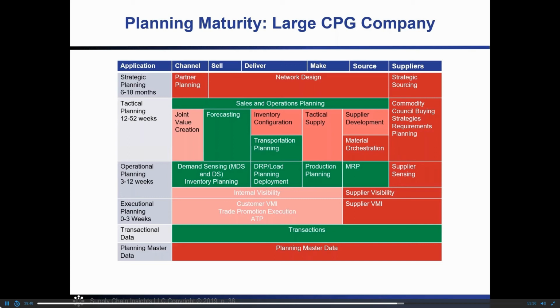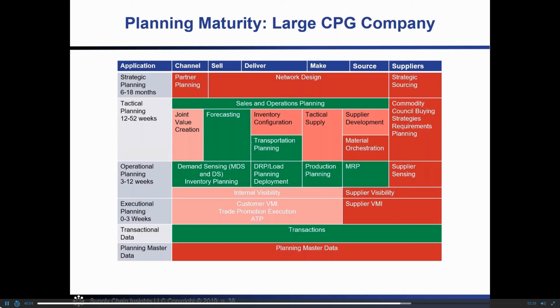So when you select a demand planning solution, you need to also think about how it fits into the holistic planning decision support architecture, how you're going to use that demand signal and what this means. And I have never found a company where I go in and look at the maturity of planning systems and it's all green.